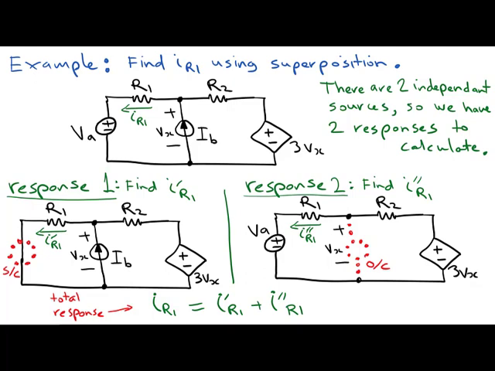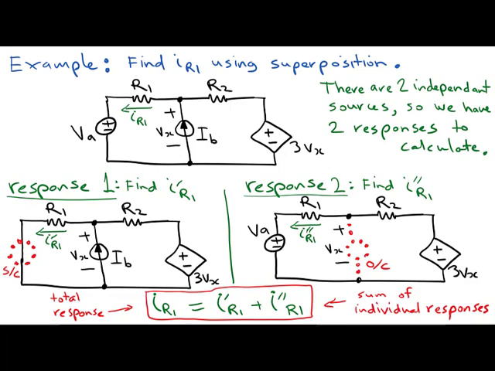And so we would get the same quantity as if we applied some sort of analysis like nodal or mesh to find IR1 in the original circuit. We get the same value. And the total response is comprised of the sum of the individual responses on the right-hand side. Okay, so that is the method for using superposition.